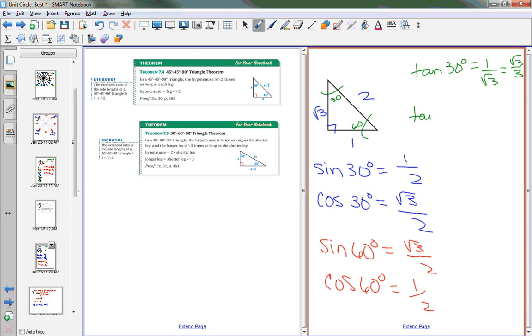The tangent of 60 degrees, what's that going to be? Opposite over adjacent, sorry, my bad. Square root of 3 over 1 to give you just the square root of 3. Now again, what do you notice about the tangents of 30 and 60? They're opposites of each other, right?